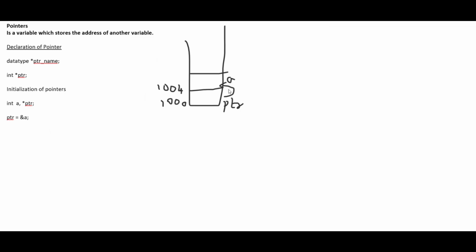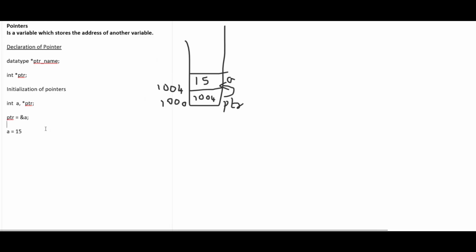So now the address of a is 1004, and this will be the value present in ptr. A may have some other value. So now if you say a is equal to 15, a will have the value 15.